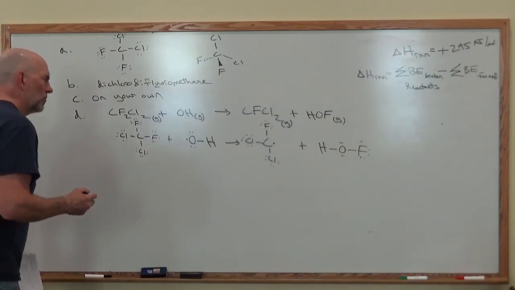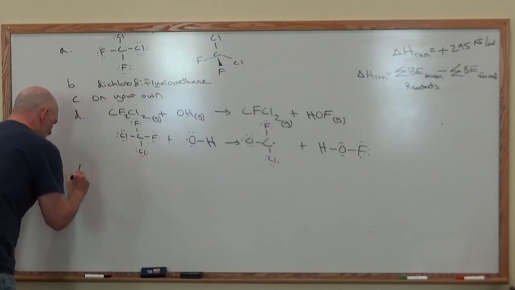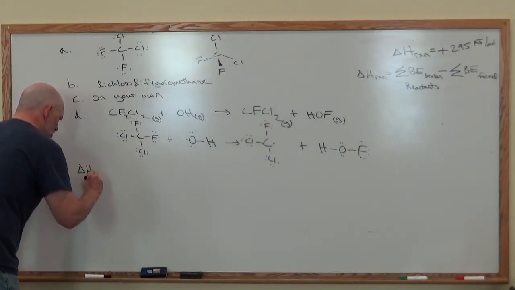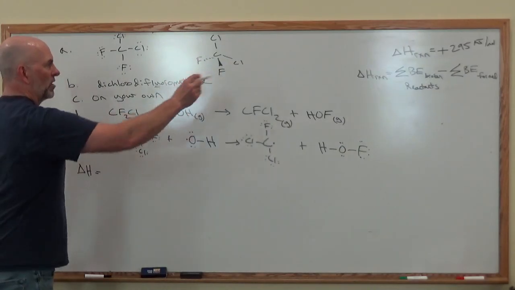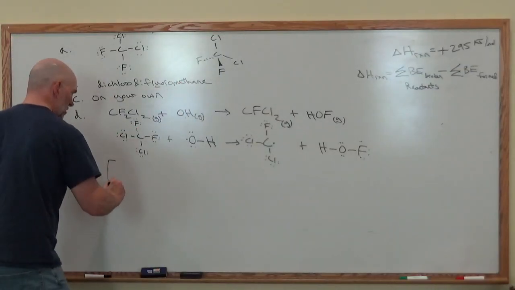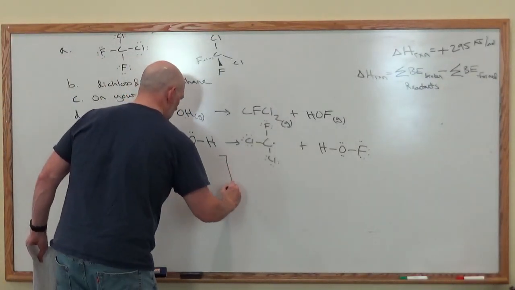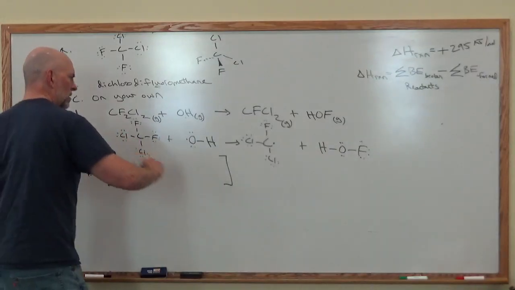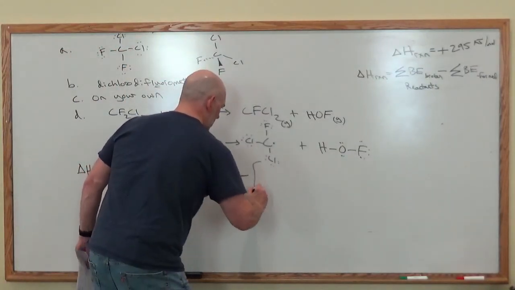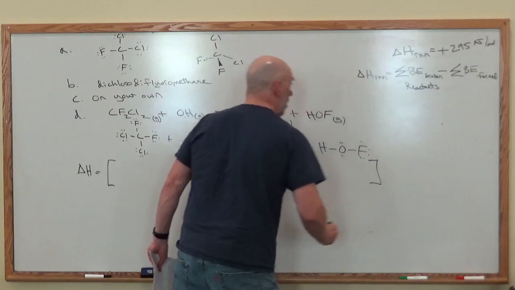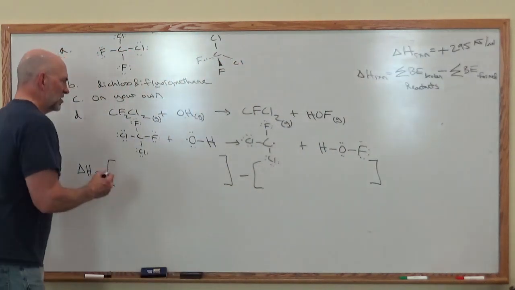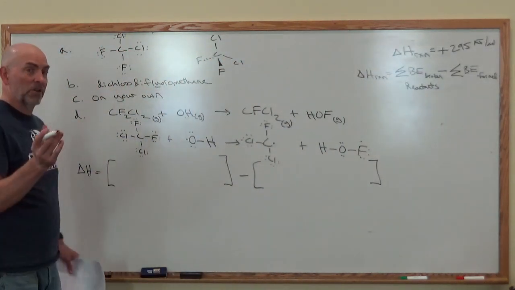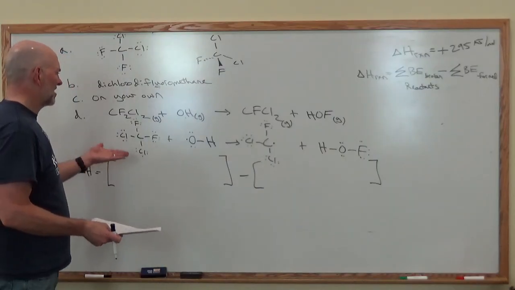Okay, so the way I like to do these is to calculate the heat of the reaction as bonds broken. So I put those in brackets. So these are all the bonds that are broken, minus the bonds that are formed. So what we have to do is look up the bond energies, but I want to show you something here. This is pretty simple.